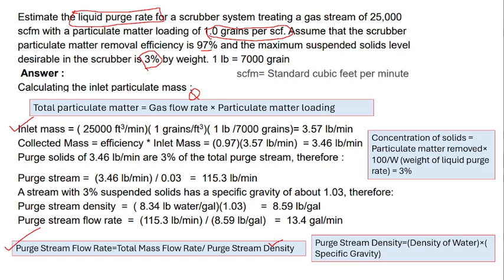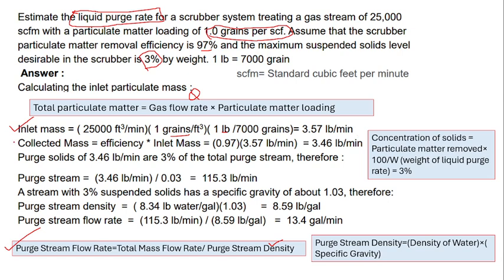So you multiply this, converting grains to pounds, which is 1 lb divided by 7,000 grains. So the amount of particulate matter going into the chamber is 3.57 pounds per minute. Now we know the inlet mass.